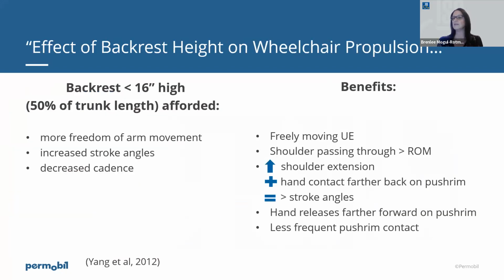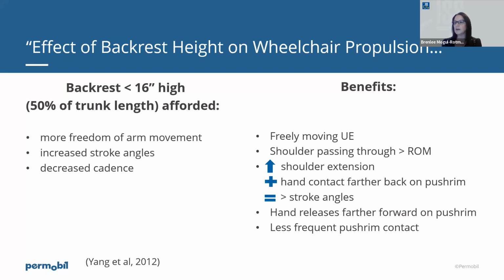And then back to the study from 2012 by Yang et al. And I know it's a little bit of an older study now, but there's not that many. It's called the effective backrest height on wheelchair propulsion biomechanics for level and uphill conditions. And they had participants propelling on a treadmill, both level and uphill.